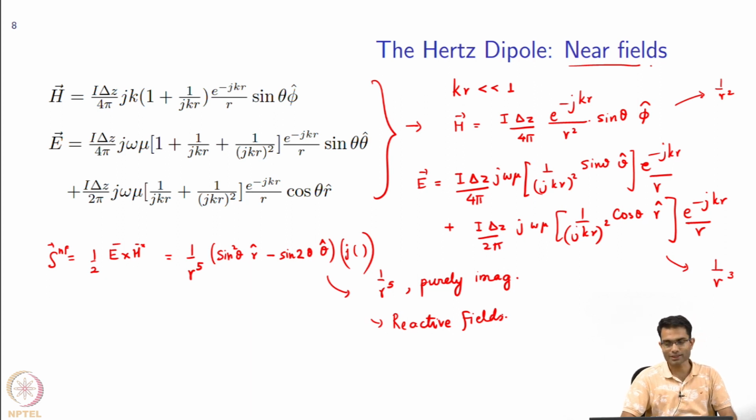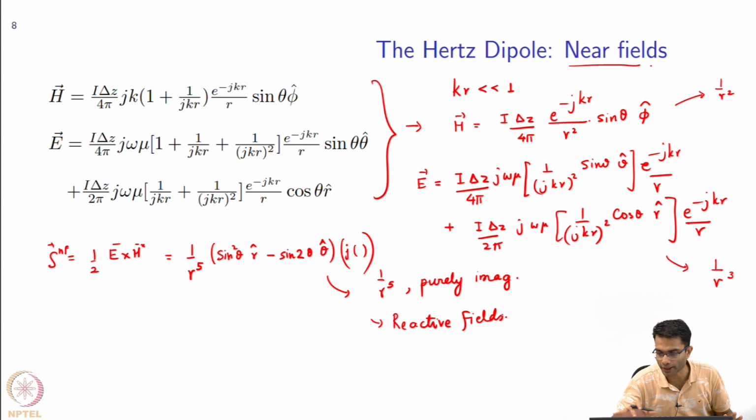No, so actually the thing is that when we wrote down these electric and magnetic fields, we made the approximation kr much less than 1. Now, if I want to find out the total power leaving the sphere, I should include all the terms, right. If I do that, I will find out that the power is independent of r, and that makes physical sense. The amount of power leaving it will not change.